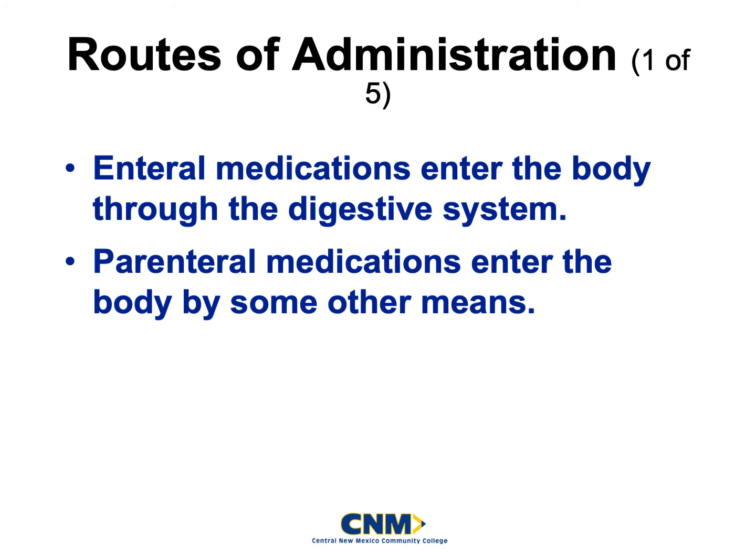Medications administered this way have to travel through the digestive system, so they tend to be absorbed slowly. It takes a little while for them to kick in, and they're commonly not used in the emergency setting. You don't have too many enteral medications that you work with, although there are a couple, okay?